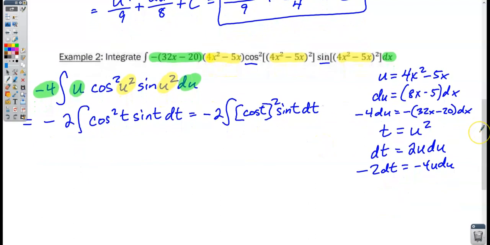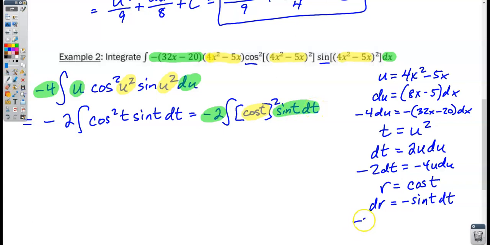What letter should I use? I don't like to use the letter S. Let's use the letter R. So let's let R be equal to the cosine of t, and then dr is equal to negative sine of t dt. So looking at what I've got going on here, this is my R. Everything that's left is negative 2 sine of t dt.